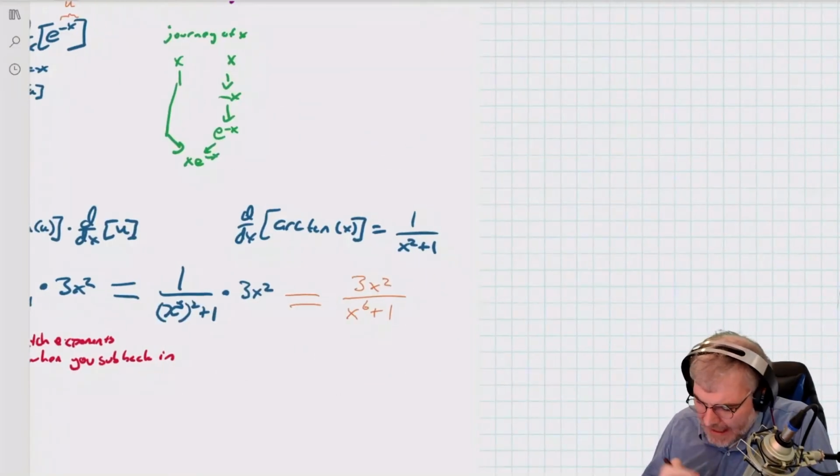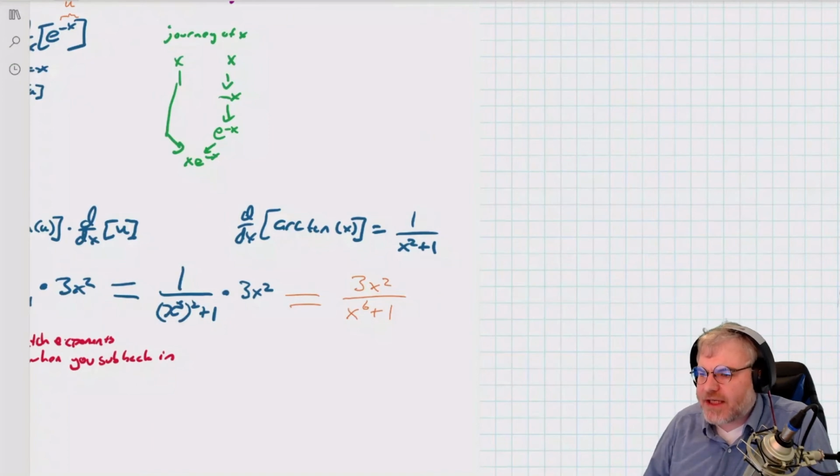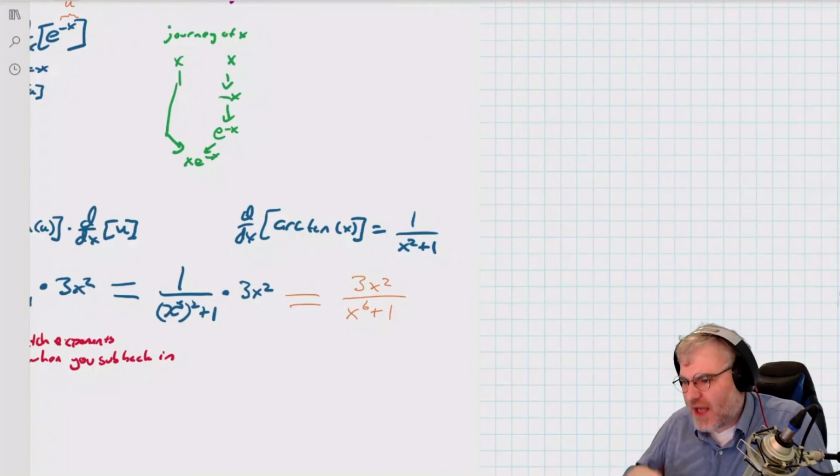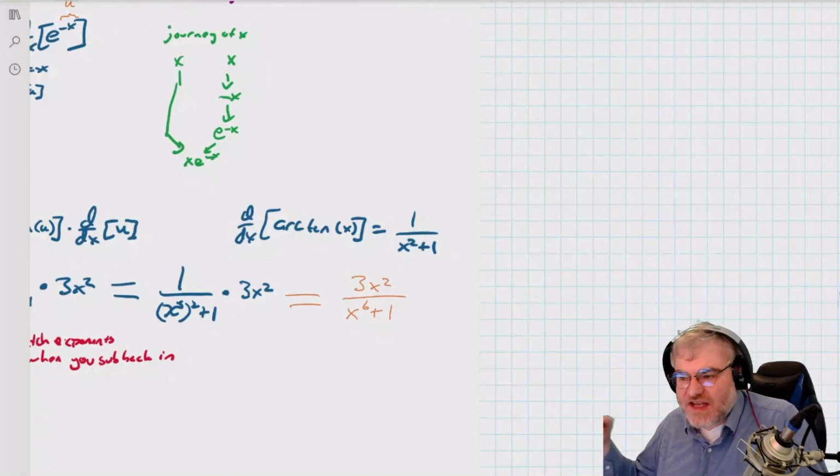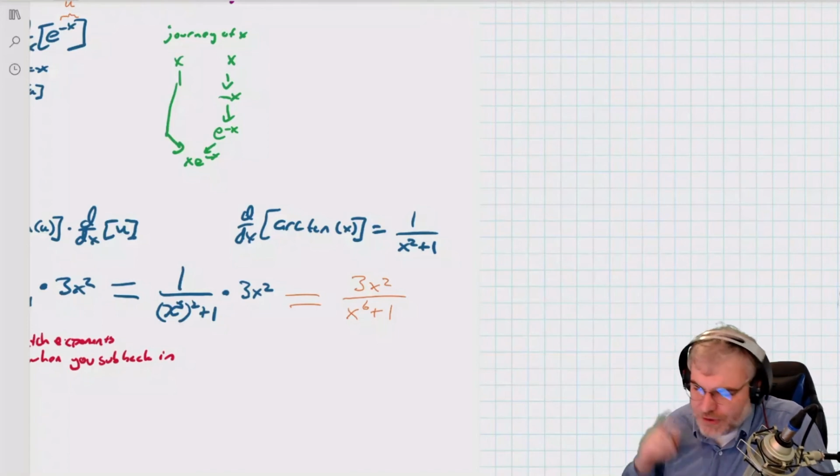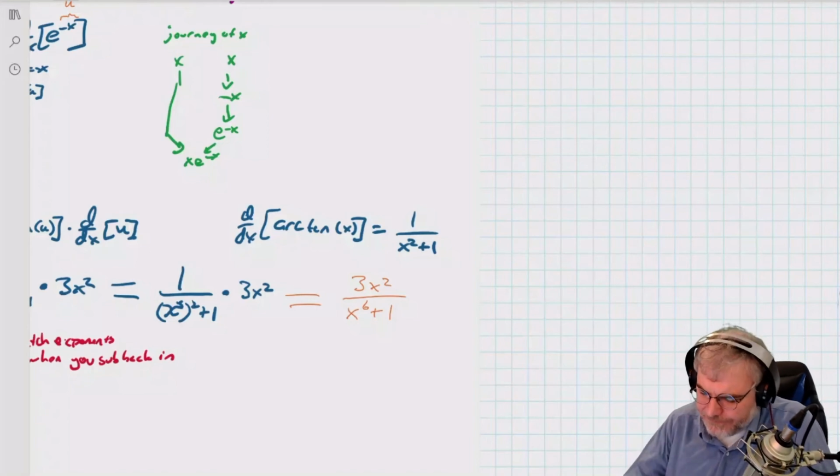I'm okay with you doing this, but keep in mind that you can do it the other way, because otherwise, if you had something like arcsine of arcsine, you'd wind up in trouble. But you can do it like this.